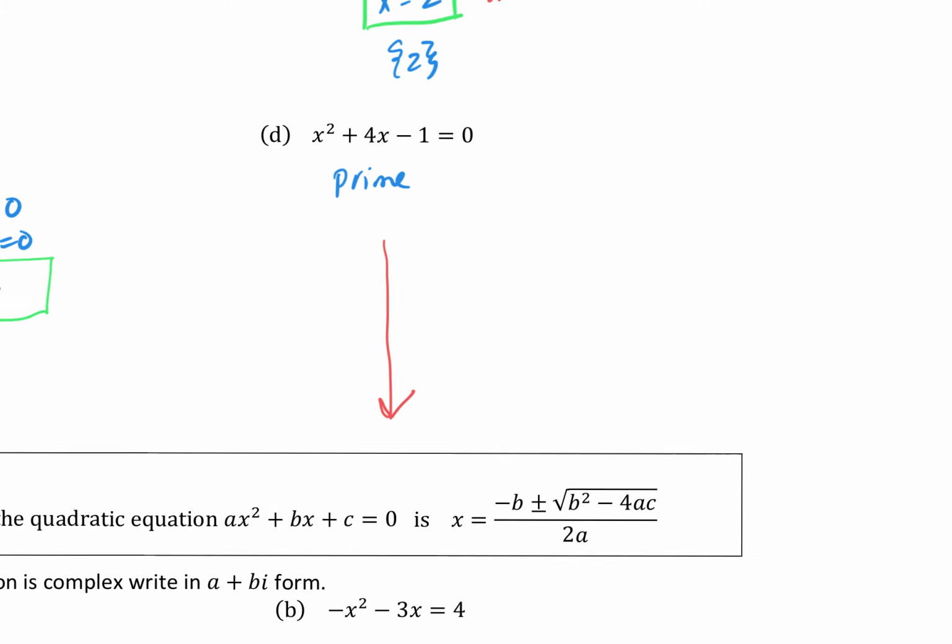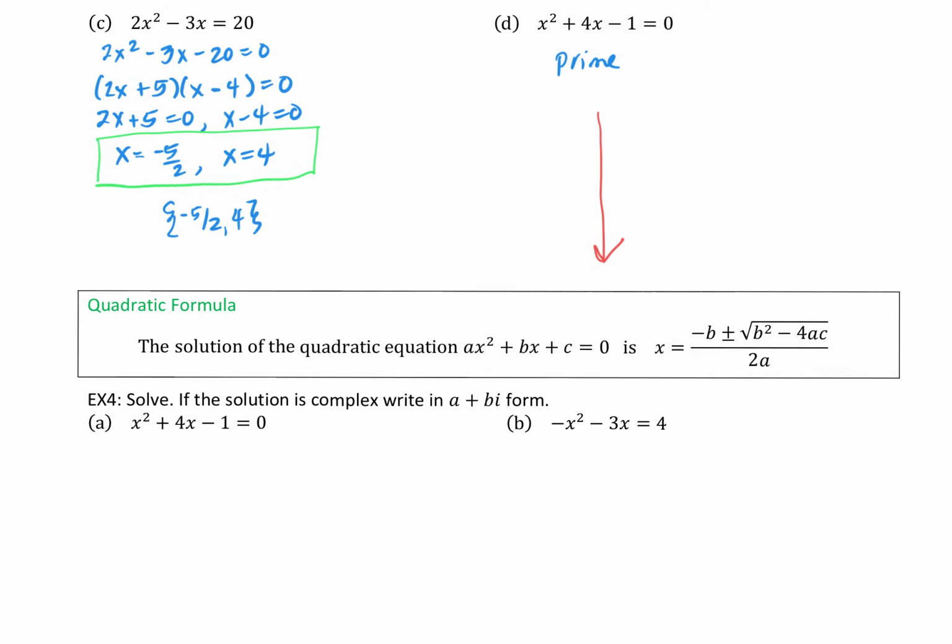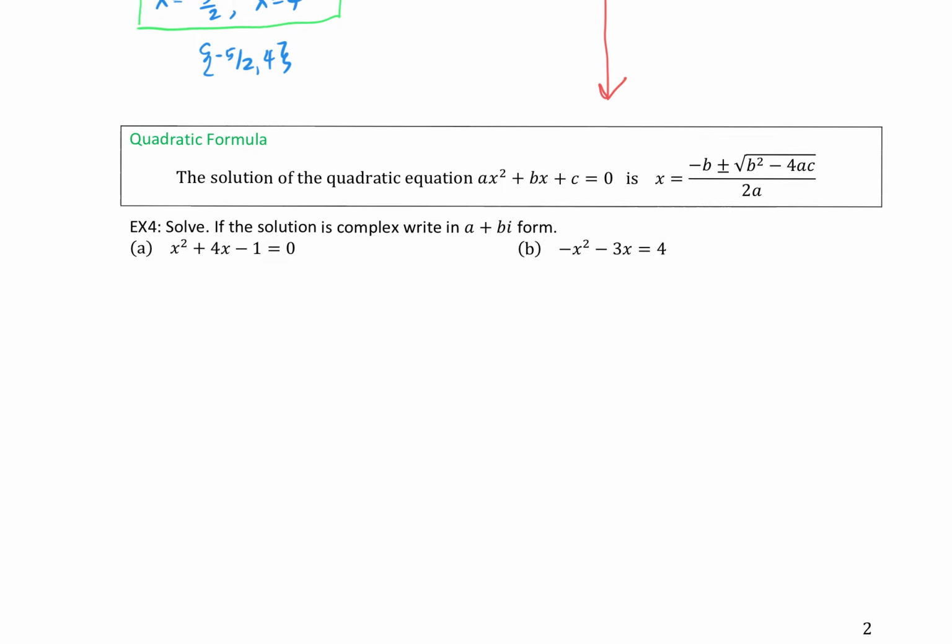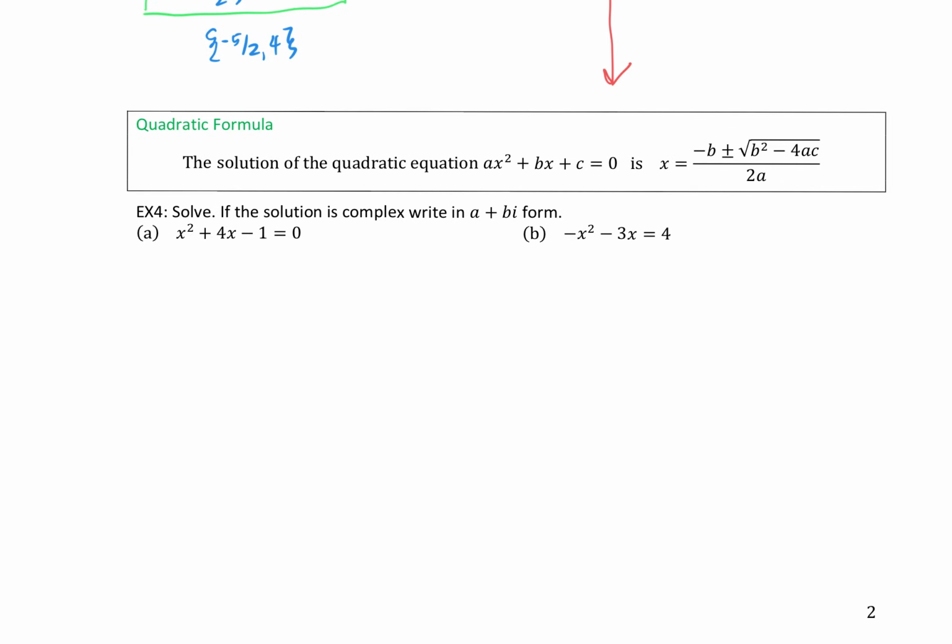The quadratic formula always works. It doesn't matter if you have one solution, two solutions, complex solutions, or real solutions. It always works. And we all know this formula: if you have the equation set equal to 0, so you can identify the correct a, b, and c, then the solutions are x equal to negative b plus or minus the square root of b squared minus 4ac, over 2a.